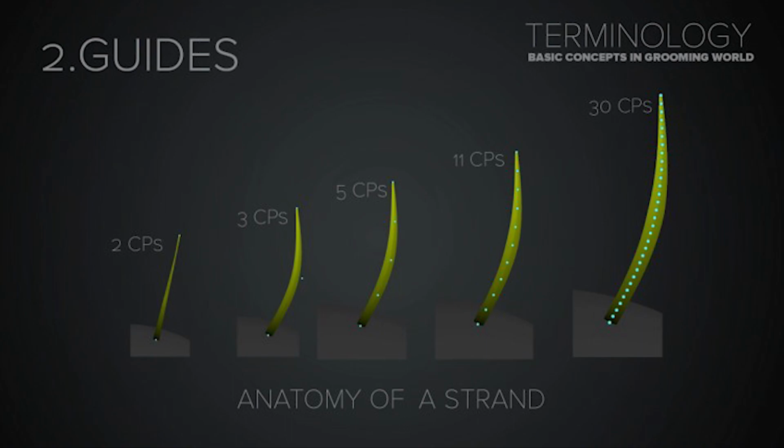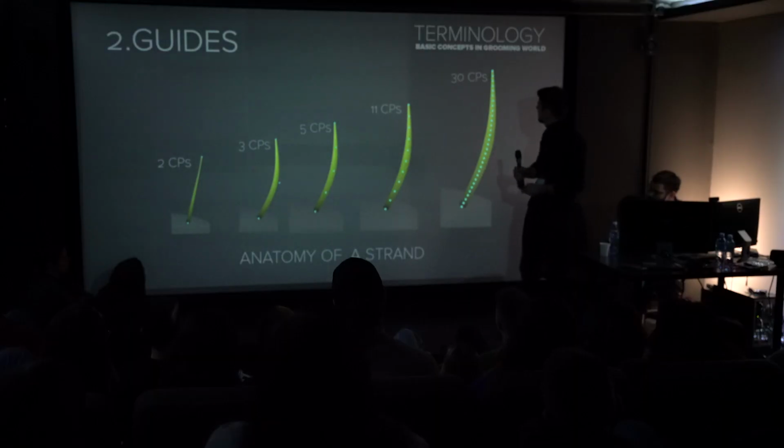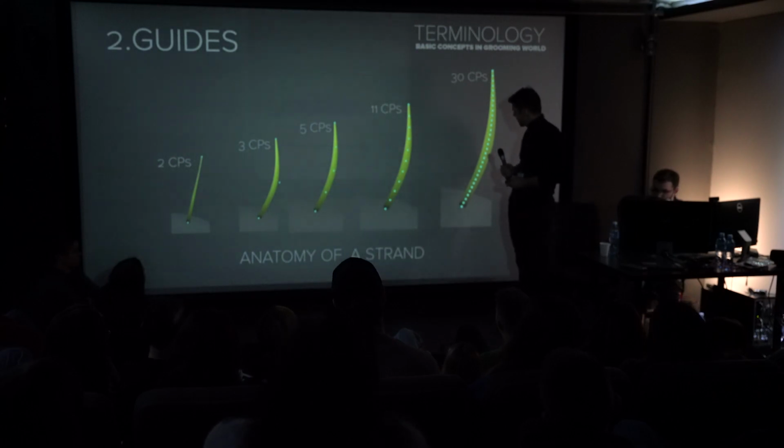This depicts segments in guides. On the left side, you see that the left guide has just 2 points, which basically means that you can't groom because you don't have enough control. And on the right side, you have 30 control points, which means that you have a lot of control.